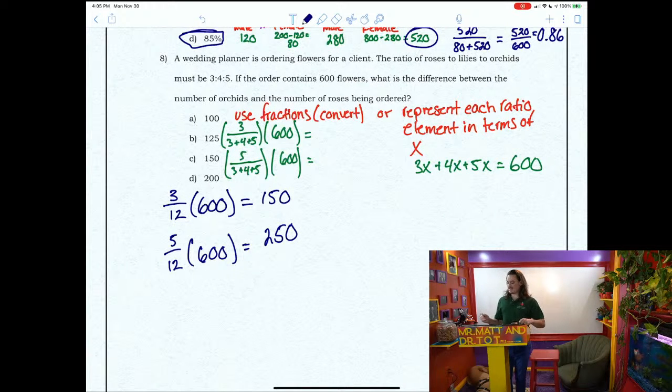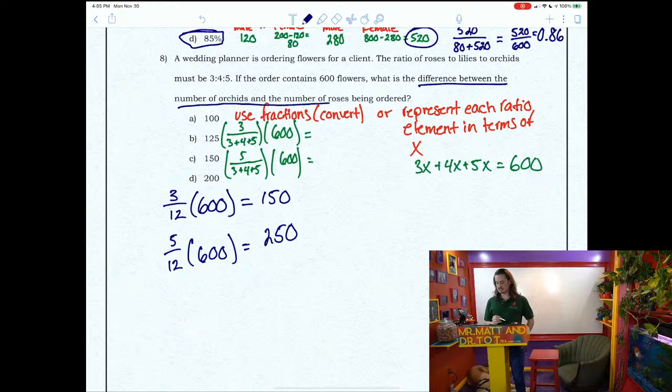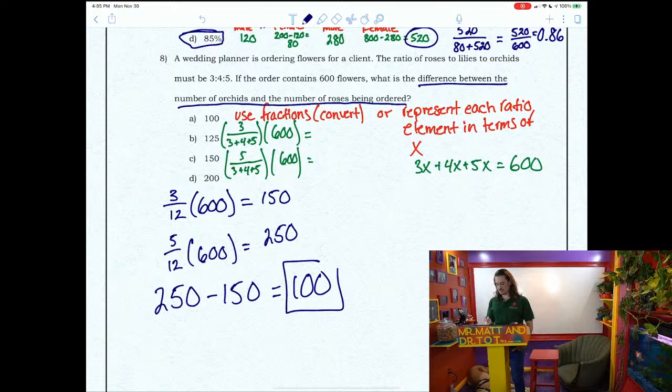Now, they don't ask for either one of those numbers. They ask for the difference between the number of orchids and the number of roses. Difference implies subtraction. And so that's going to be 250 minus 150, which is a difference of 100. So that's answer selection A.